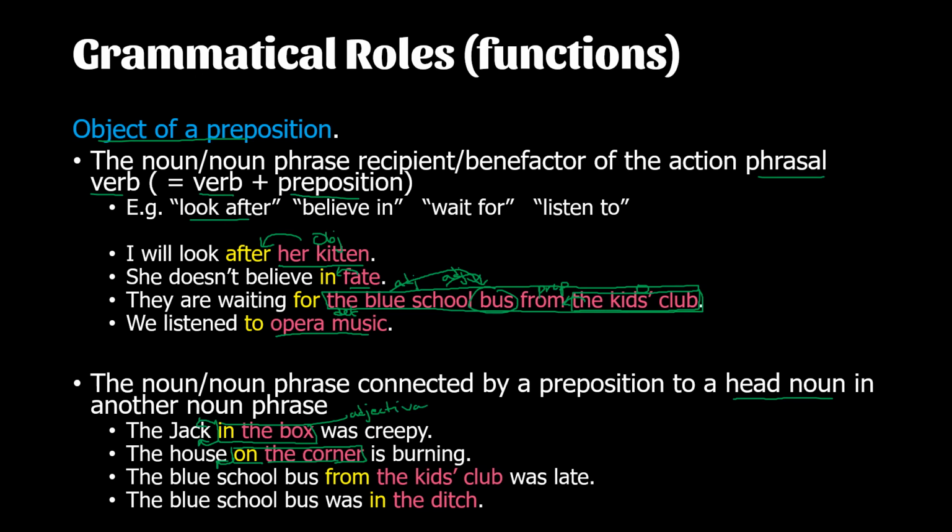So we call this an adjectival prepositional phrase. But what's important on this slide is to remember that the words the box, the corner, the kids club, and the ditch are all objects of the prepositions that come in front of them. So they are not the object of verbs, they're the object of prepositions.